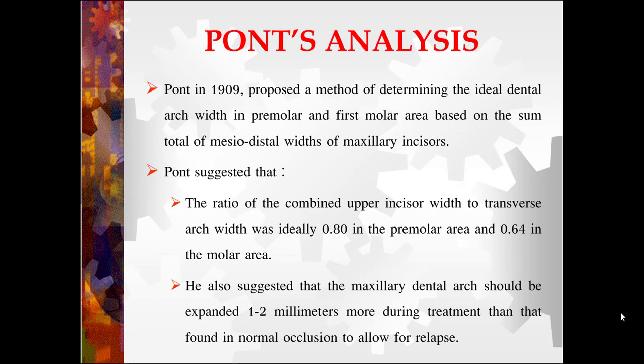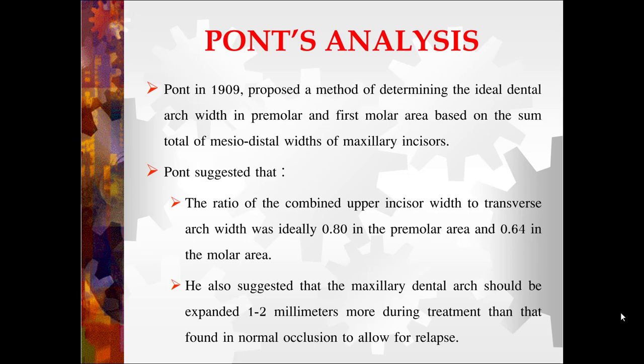Now, first of all, Pont's analysis. Pont in 1909 proposed a method of determining the ideal dental arch width in premolar and first molar area based on the sum total of mesiodistal widths of maxillary incisors. According to Pont, there is a relation between sum of incisors, interpremolar width, and intermolar width for an ideal well-aligned arch.